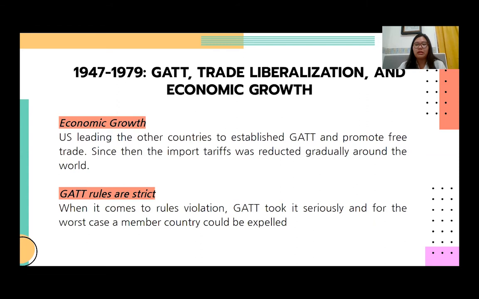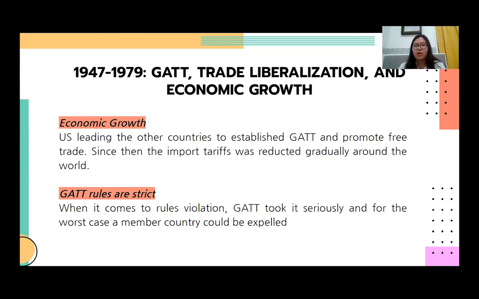And so, what does it mean to liberalize trade? GATT membership grew from 19 countries to more than 120 nations, and they didn't attempt to liberalize trade in one step. Instead, they did it in rounds, 8 rounds from Geneva to the latest one in Uruguay.